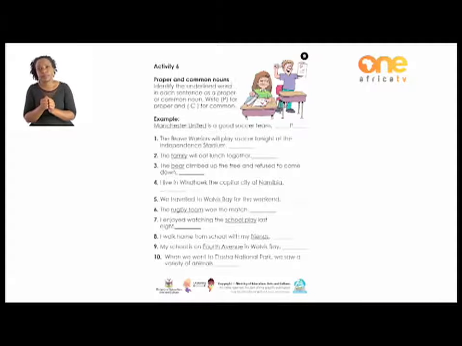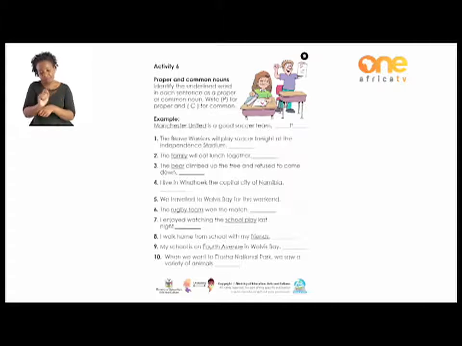My last example is on number 2. The family will eat lunch together. The word family is just a common noun. It's not a proper noun. So we write it in small letters, as you can see.